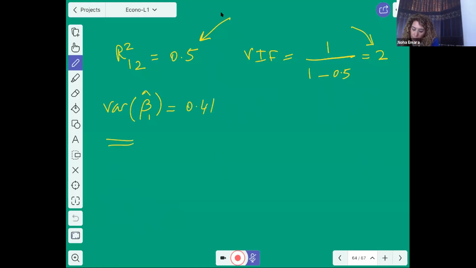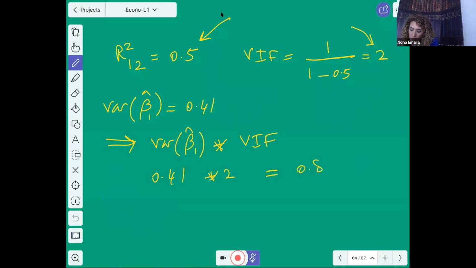Then in the presence of multicollinearity, the variance of beta hat 1 would be inflated by the VIF. So the 0.41 would be doubled because of the presence of a 50% correlation between x1 and x2. This would give me a variance of 0.81.